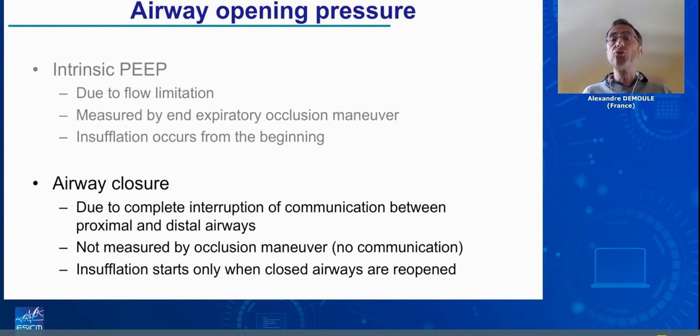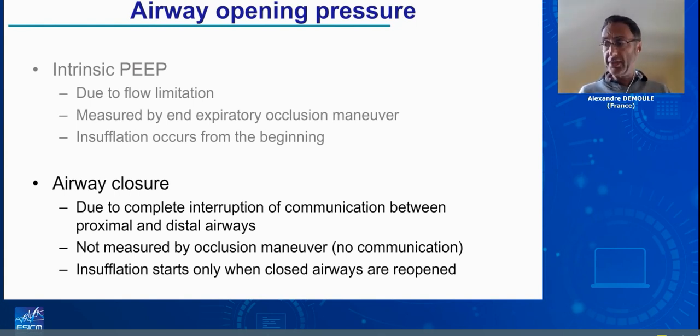Intrinsic PEEP is due to flow limitation, and as I showed before, it's measured by an expiratory occlusion maneuver. And last point, inflation occurs from the beginning. Airway closure is totally different.